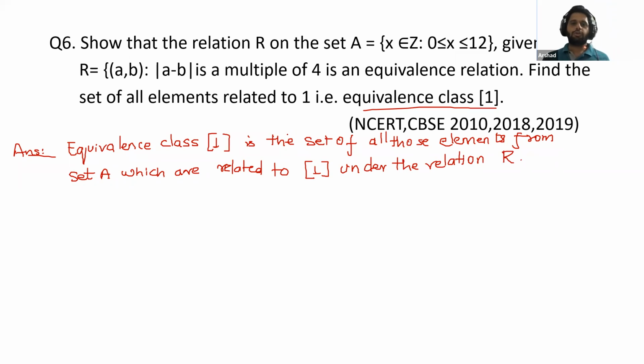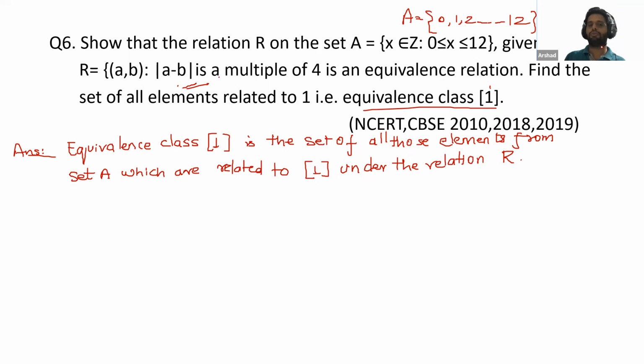So what is meant by equivalence class? Equivalence class means all those elements from this set. First of all, we'll write the set here, from 0, 1, 2 up to 12. In this set, equivalence class means all the values which are related with 1 under this condition. What is the condition?